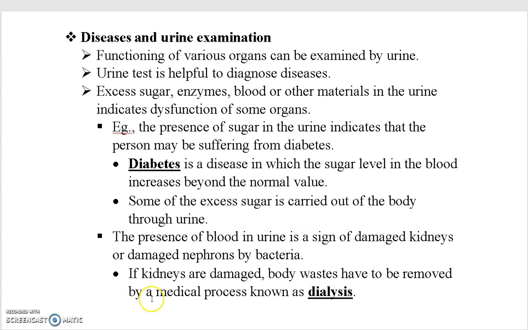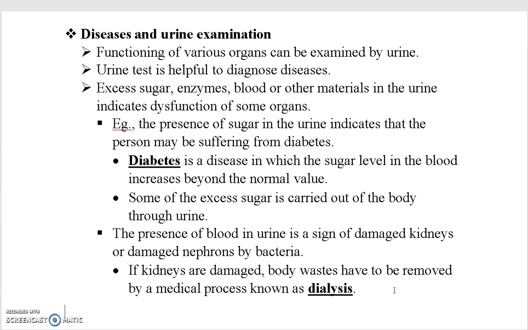This artificial process, which is a medical process, is known as dialysis. Dialysis is a process in which artificial kidneys work outside the body. They are not inside the body, of course. So, if kidneys are damaged, then body waste has to be removed by a medical process known as dialysis.